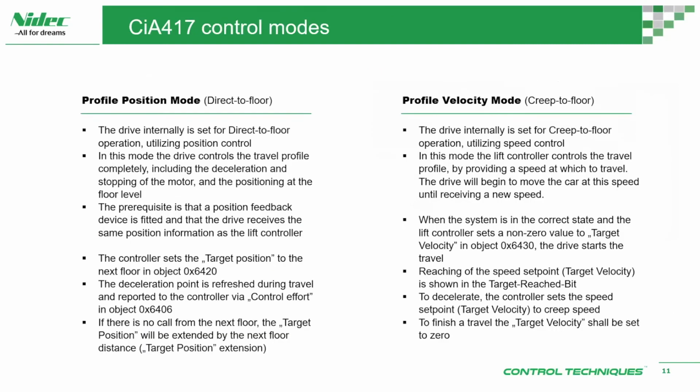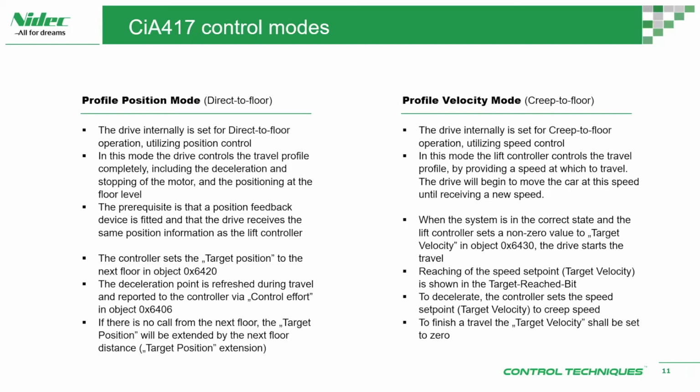Now, what are the actual control modes and how does travel happen? There are 2 distinct modes which can be used one after another if decided by the lift controller, but once one mode of travel is initiated, it has to be followed through up to the idle point where another travel may be started with the other method.